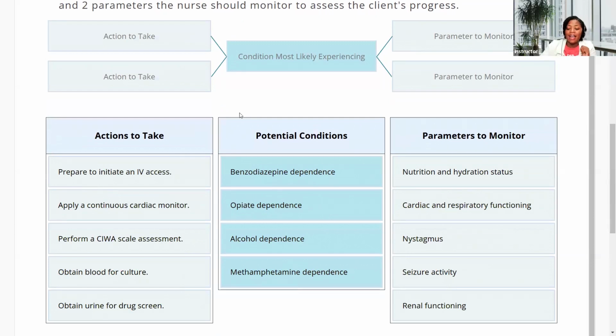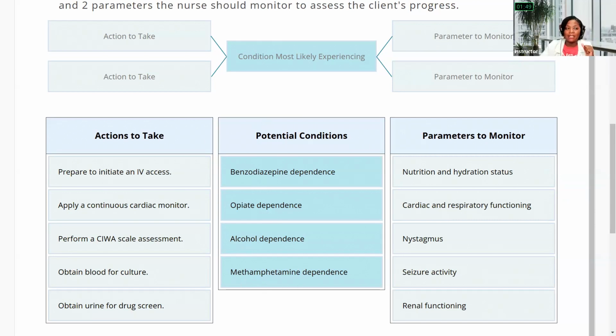And for this, I actually want you to put in the chat box, I want you to either type in benzo, opioid, alcohol, or methamphetamine. I want you to put in what you think. All right. So your answers are beginning to drop in the chat right now. Benzodiazepine, opioid dependency, alcohol dependency, or methamphetamine dependency.